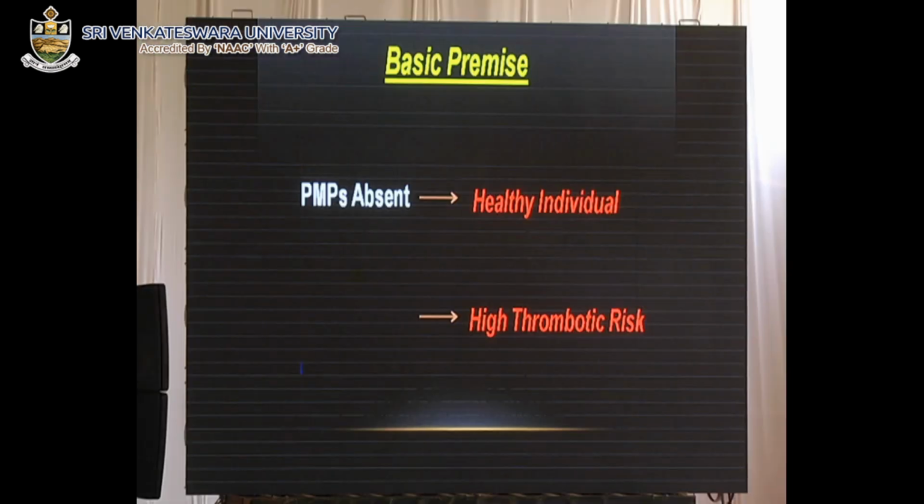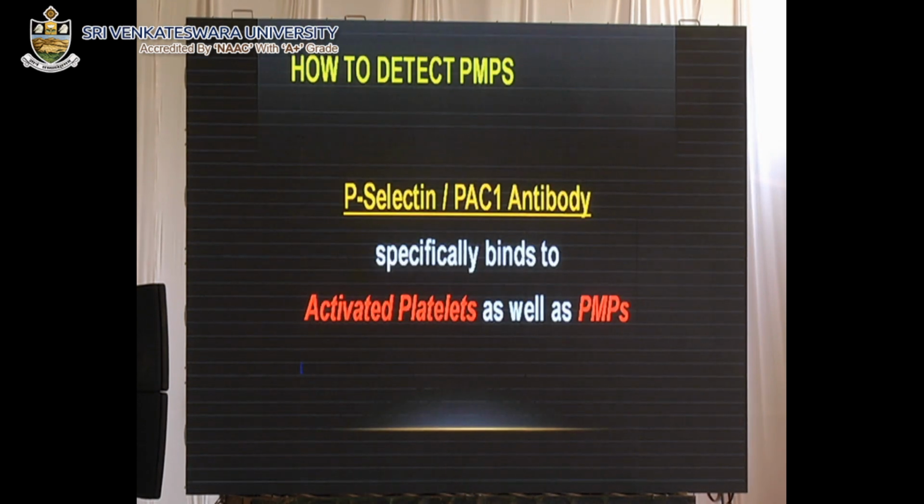So the basic premise we worked on is very simple: if microparticles are absent in the blood of an apparently healthy person, fine; if the microparticles are present, he is vulnerable to develop any serious thrombotic disorder. How to know that a person has microparticles?